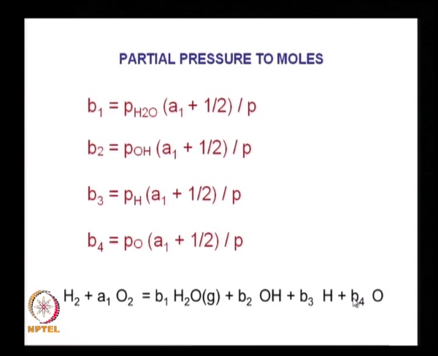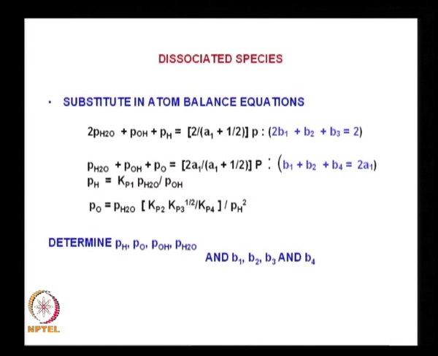But we already had the relation between B1, B2, B3, B4, and what was the relation we had from the atom balance? We had 2B1 plus B2 plus B3 is equal to 2. We also had B1 plus B2 plus B4 was equal to 2A1 for H2O. Therefore, we can use these two relations and substitute for B1, B2, B3 in terms of the partial pressures, and we get 2 PH2O plus POH plus pH divided by this particular one, that is we had to divide this to get P, this I bring to this side and I get 2A1 into this one.